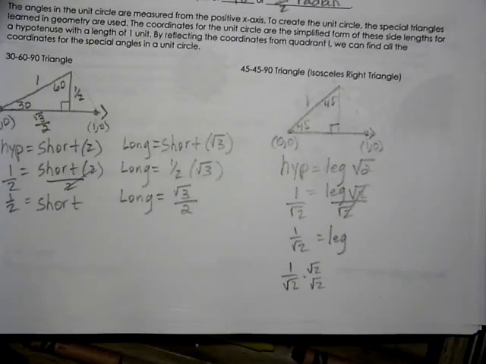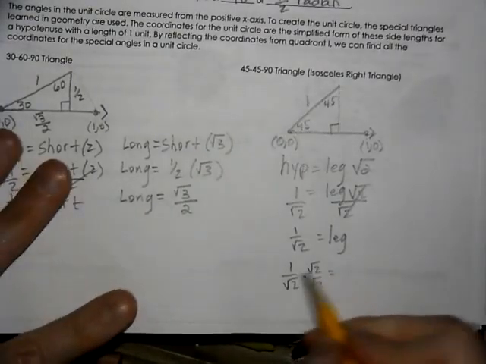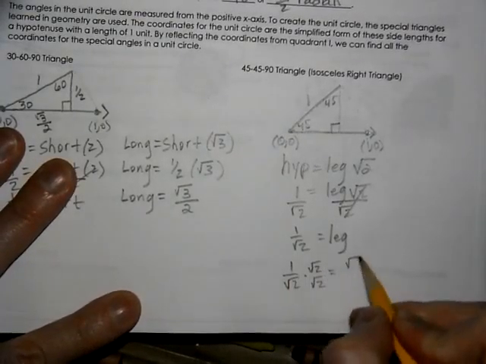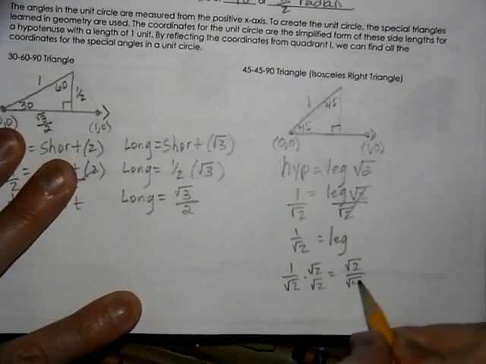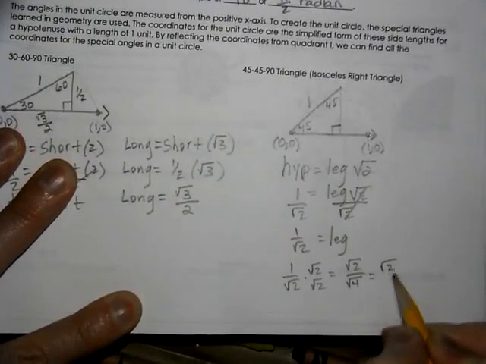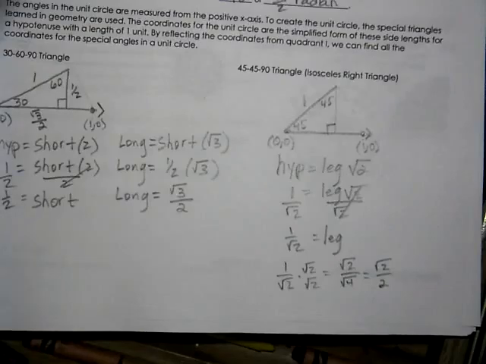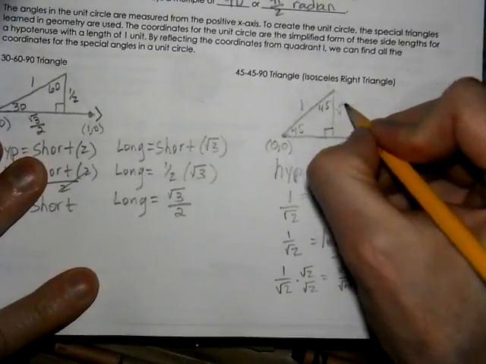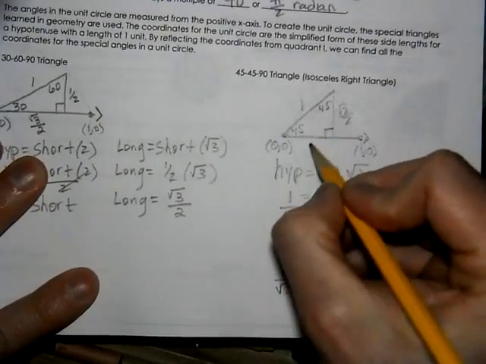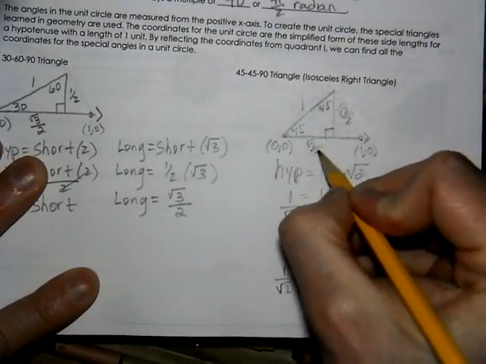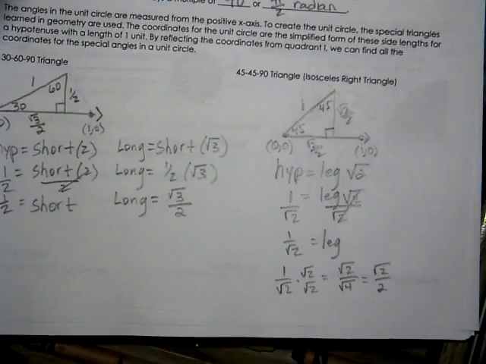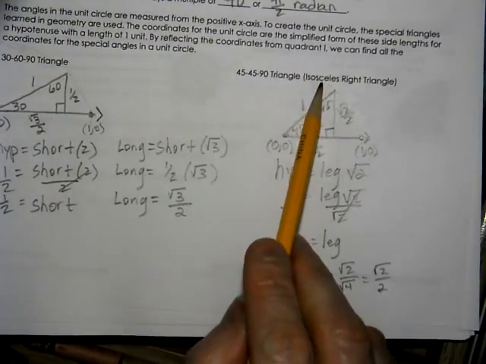So we're going to multiply by a value of 1 that'll help the radical not have a square root in it. So when we multiply straight across, we get square root of 2 over square root of 4. So each leg is root 2 over 2 and root 2 over 2. They're the same thing because a 45, 45, 90 triangle is an isosceles triangle.